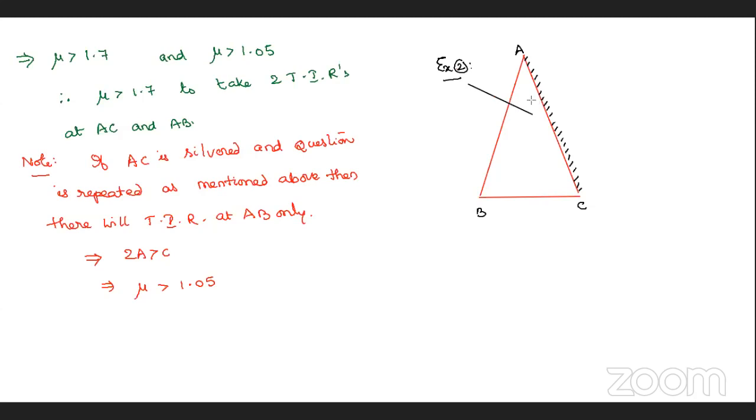Its path means on the mirror the light ray should incident normally like this. Then only the light ray will retrace its path. Angle of incidence is 0. So angle of reflection is also 0. Retraces like this and then comes out as shown.